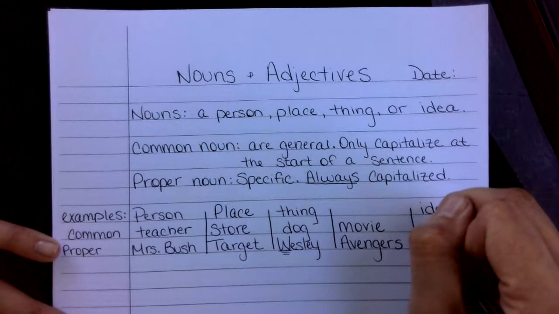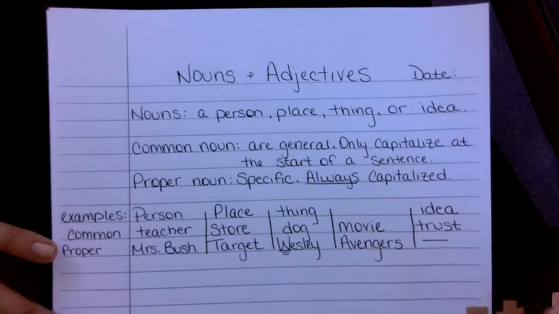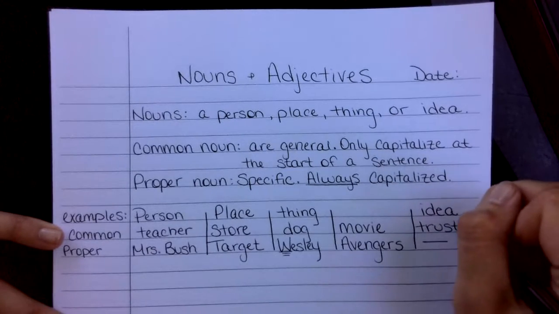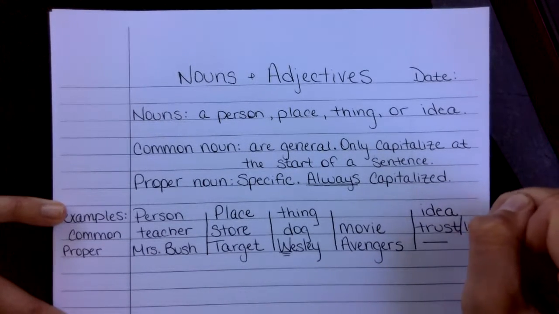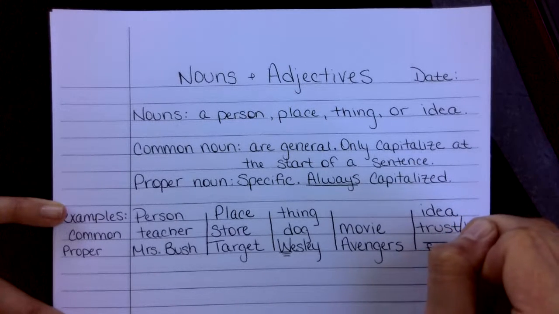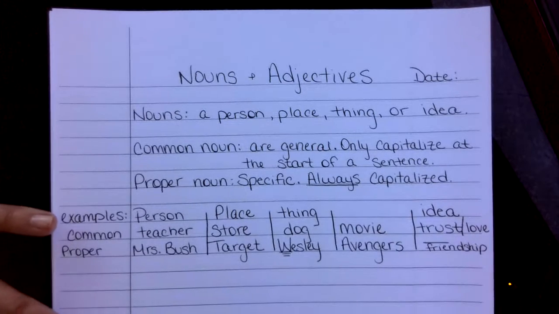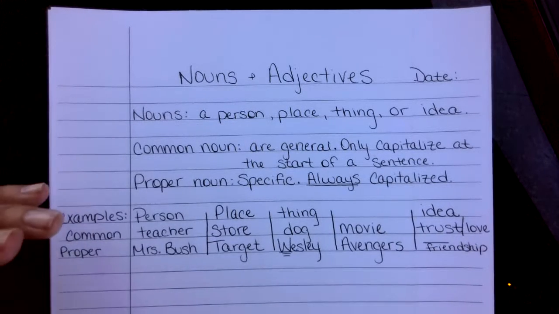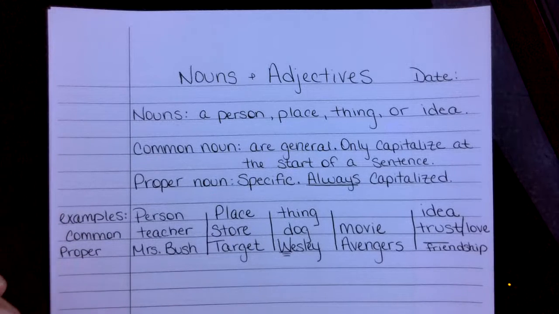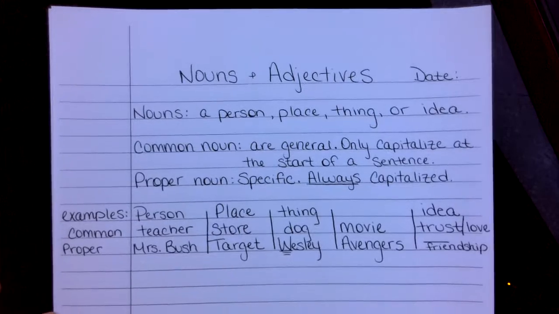So let's do trust. We could also do, if I got enough space, love or friendship. Okay? Something that you can't touch, but you know is there. Okay, it's an idea. All right, that's all for nouns.